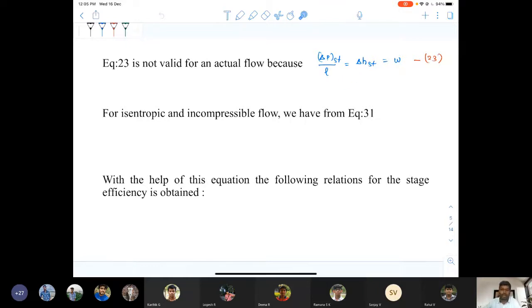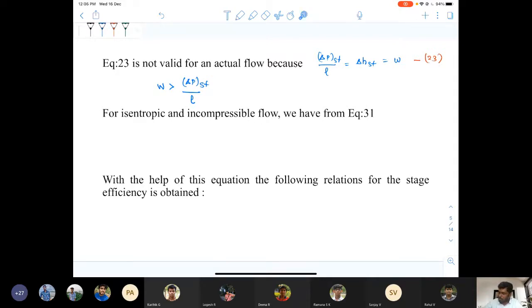You cannot use this equation. Therefore, the value of W will be greater than delta P at the stage divided by rho.